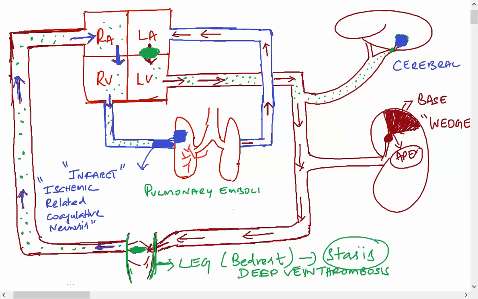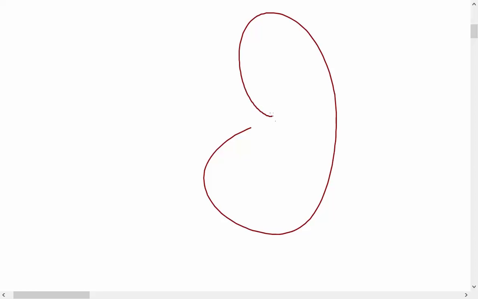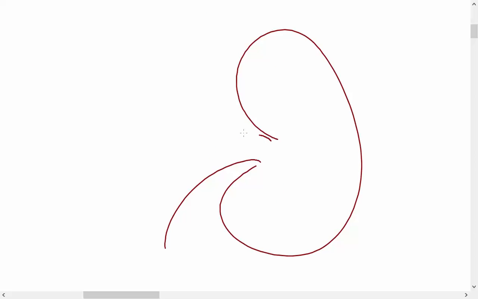Another most important thing is the duration of block formation. See, this is the kidney, and the kidney receives blood supply from the renal artery, and from the renal artery it goes to many branches.